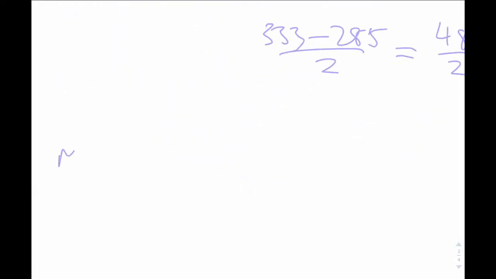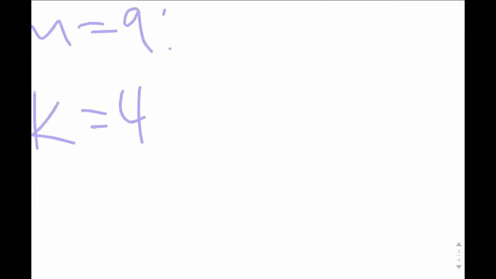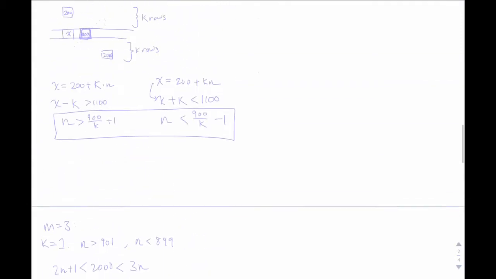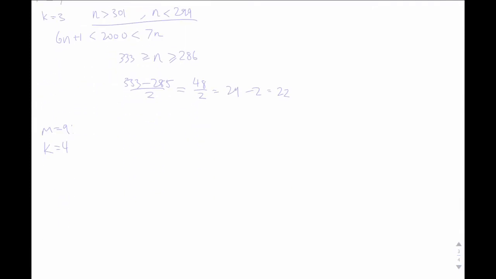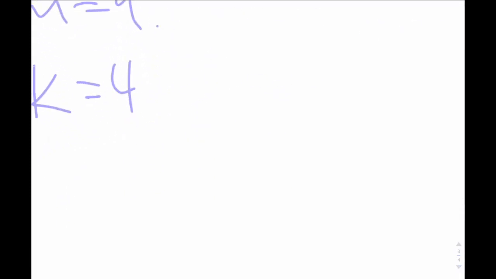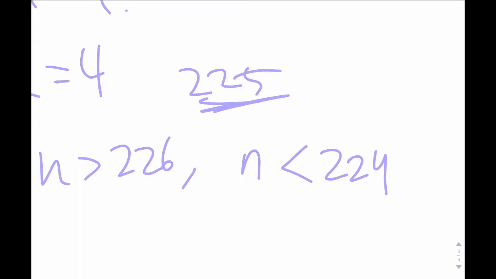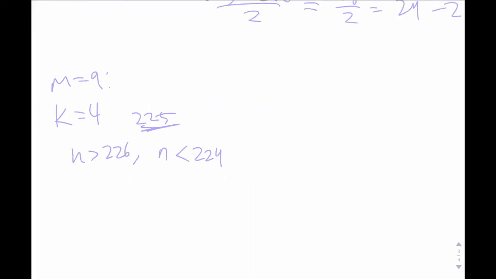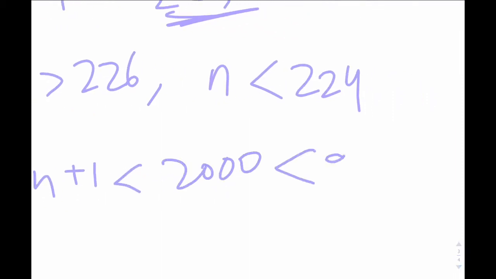Okay, finally, m equals 9, we have k equals 4, and we get n is greater than 226 and n is less than 224. And note that in this case, we're only excluding the number 225, so we don't have to subtract 2, we only subtract 1. And we have 8n plus 1 is less than 2000 is less than 9n.